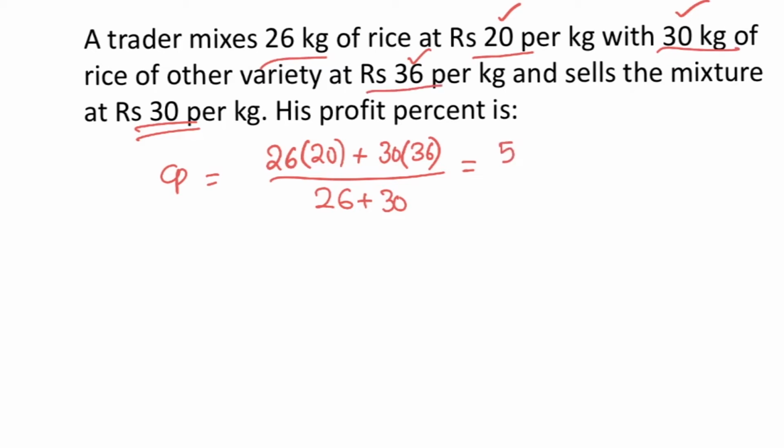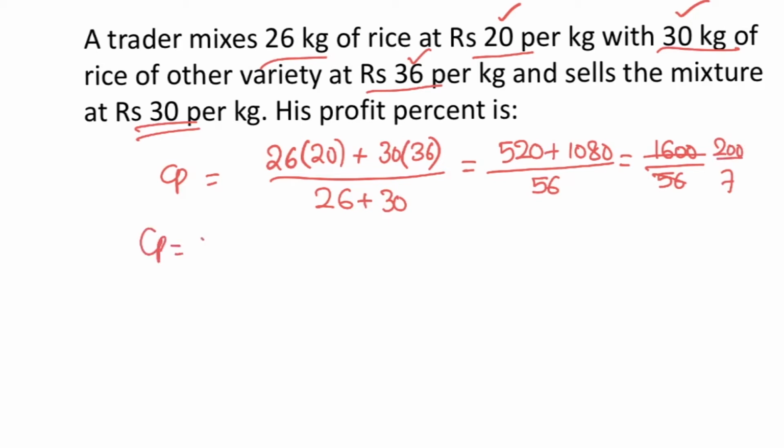26 into 20 is 520, plus 30 into 36 is 1080, divided by 26 plus 30, total 56. 520 and 1080 together make 1600, divided by 56. The cost price is 200 by 7 and the selling price is 30 rupees.